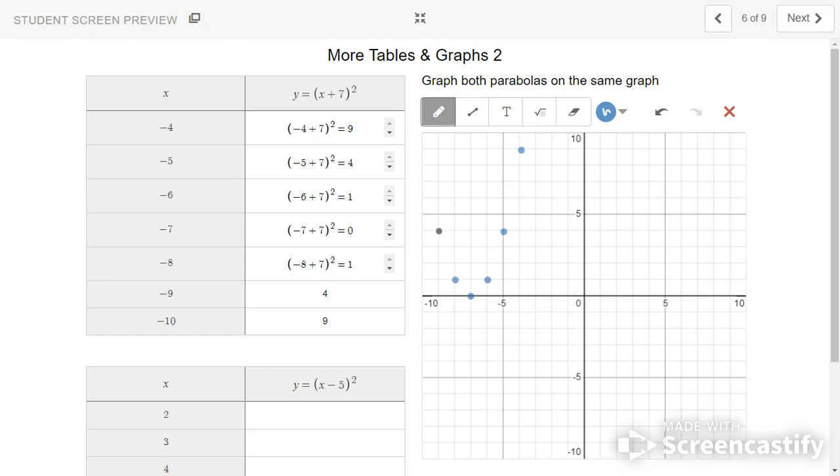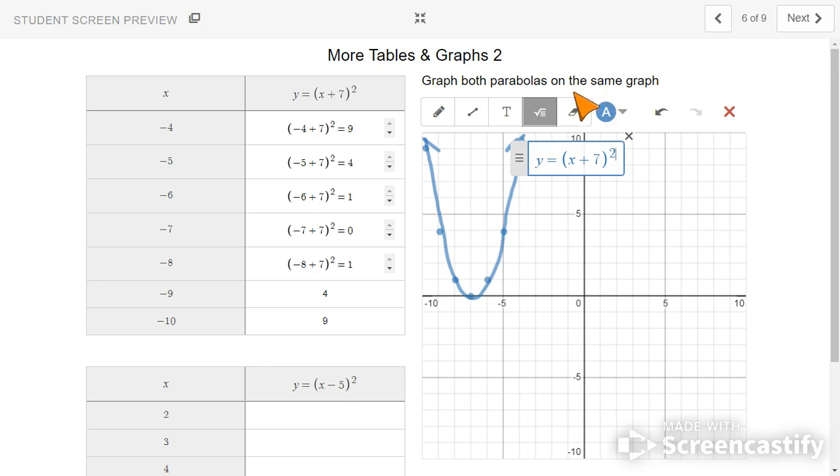Negative 9 and 4. And then finally, negative 10 and 9. Join your dots for a parabola. That one didn't work out very well. Here's our parabola, and we have y is equal to x plus 7 all squared.